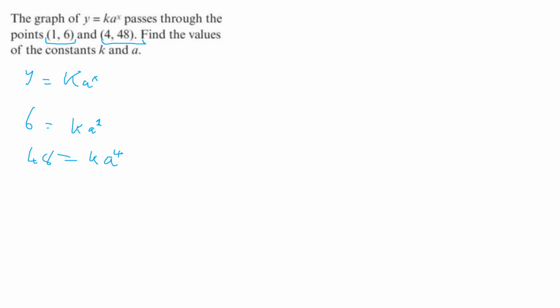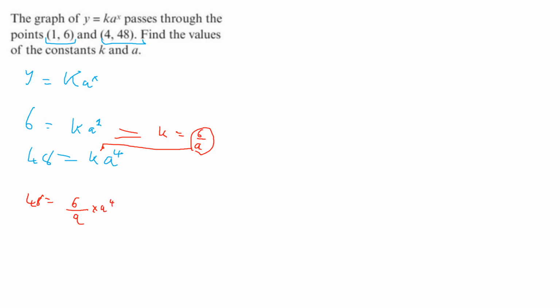We're going to use substitution here, also known as simultaneous equations. If we sub in k, k is just going to be 6 over a, okay? And so if we sub that in for k, 48 is going to be equal to 6 over a times a to the 4.